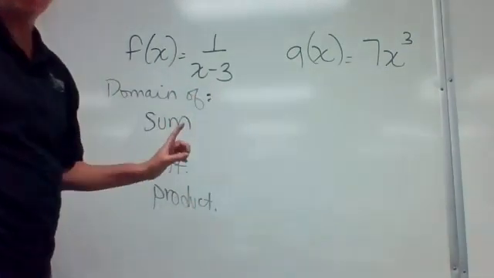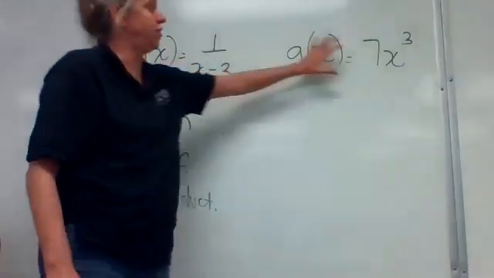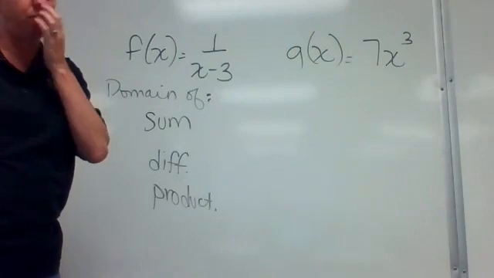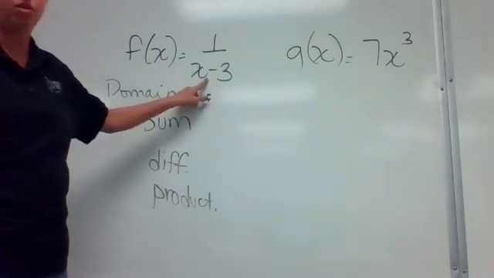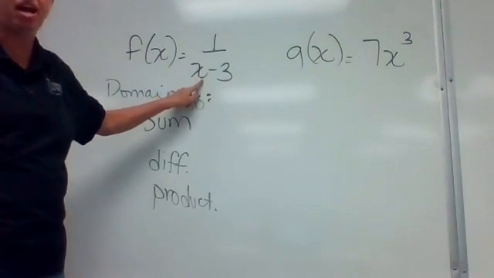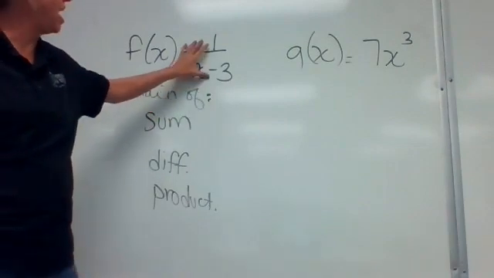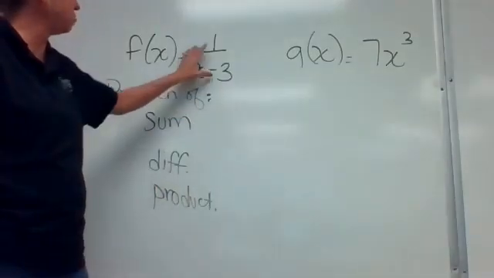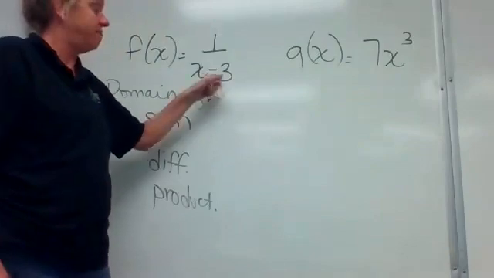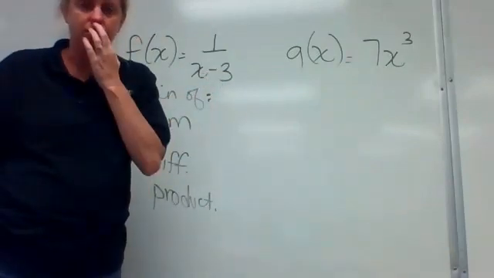So all I really need to do is look at my two functions. Does one of them or both of them have a restriction? This one's got a restriction, right? It's got an x in its denominator. That means if I add these together, or if I subtract these from each other, or if I multiply these together, that's still going to be the denominator.